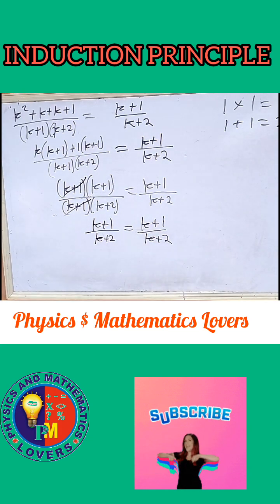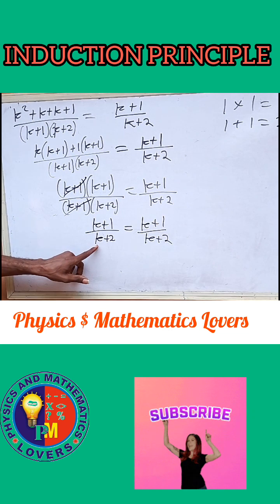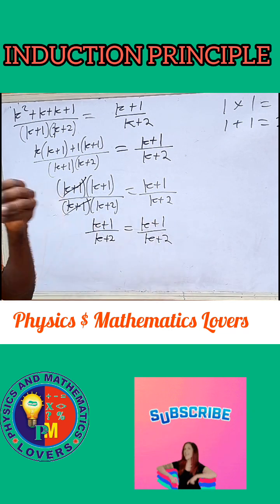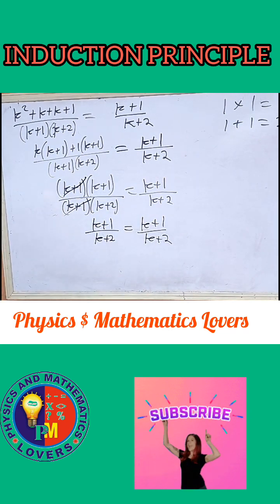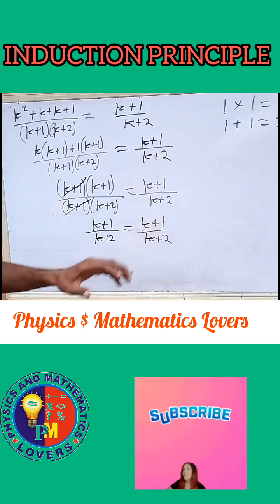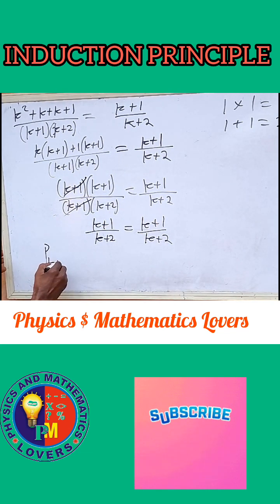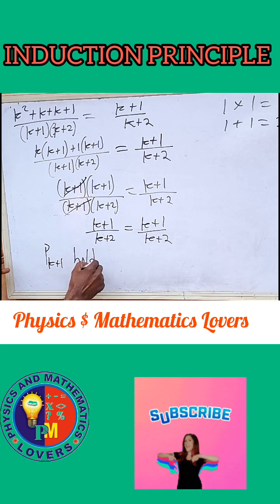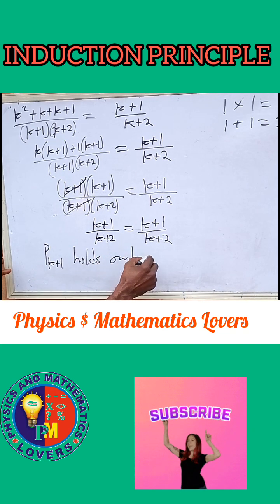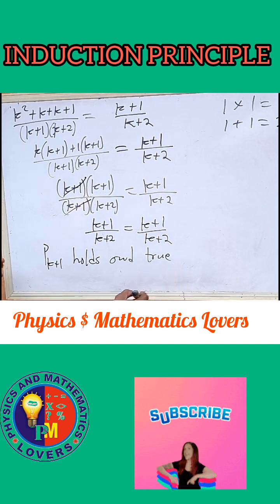So as you can see, our left hand side is equal to the right hand side. So in our conclusion, we say that this statement holds, and the statement is true for the sum of all natural numbers. So it means that P of K plus 1 holds, and it is true for the sum of all natural numbers.